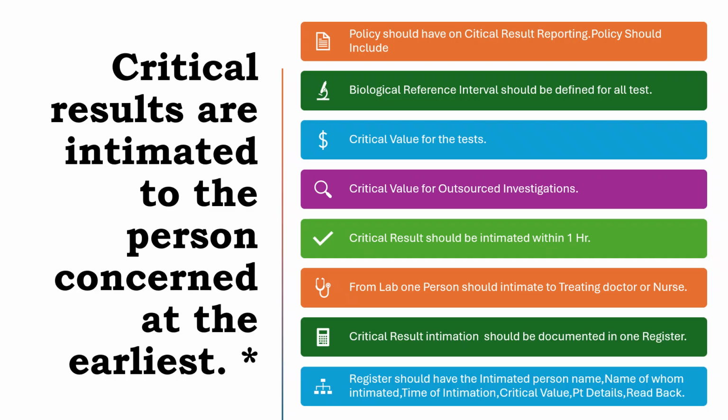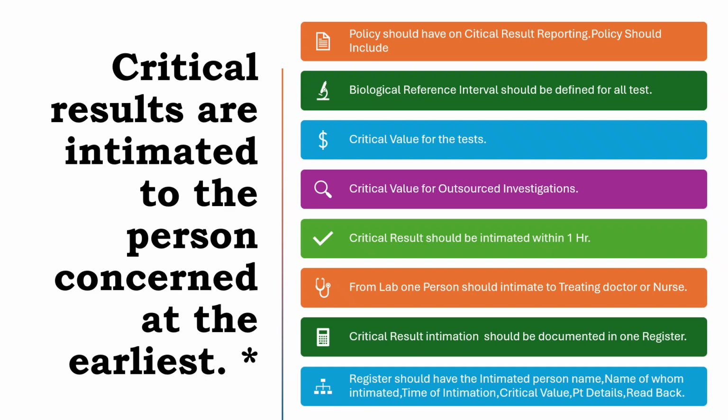Critical values for outsourced investigations also you have to define. It's not that only the tests you are doing in-house will have critical results defined. No, all the biological references, for whatever tests you are doing, the outsourced ones also should be there in your policy, written as 'this test is outsourced'. But the reference should be there, and the critical value should be there.